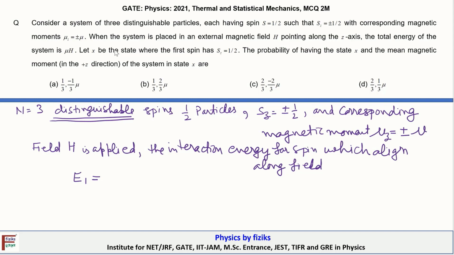That interaction energy will be given by minus mu, the magnetic moment, dot H. I will call this equation 1.